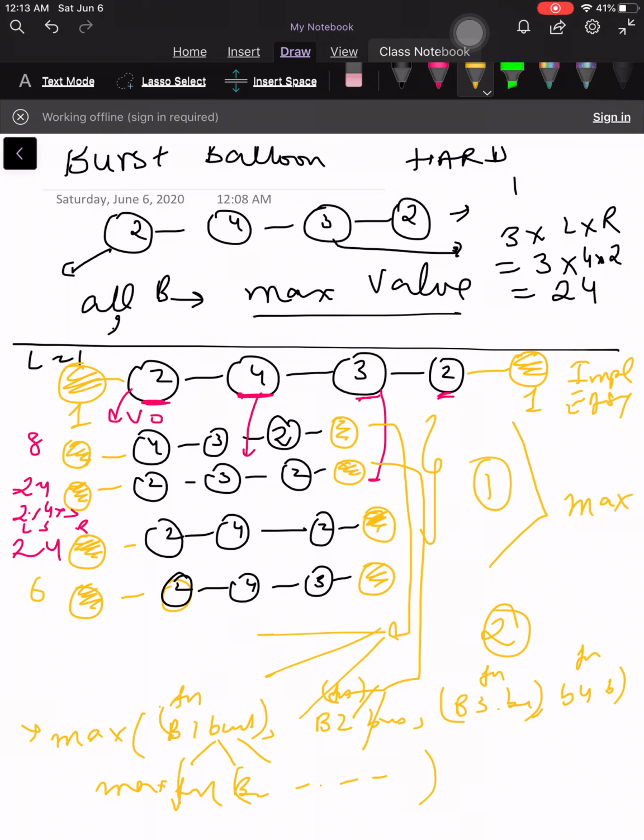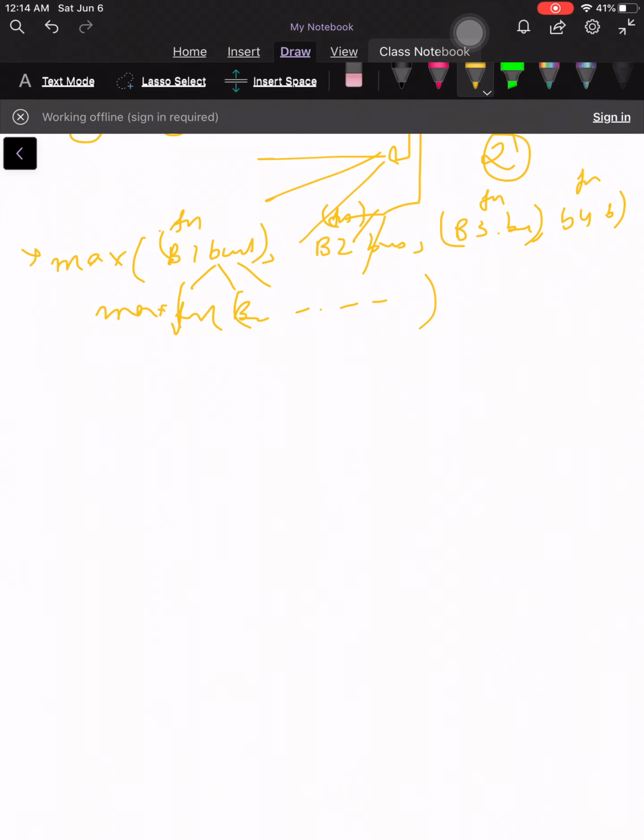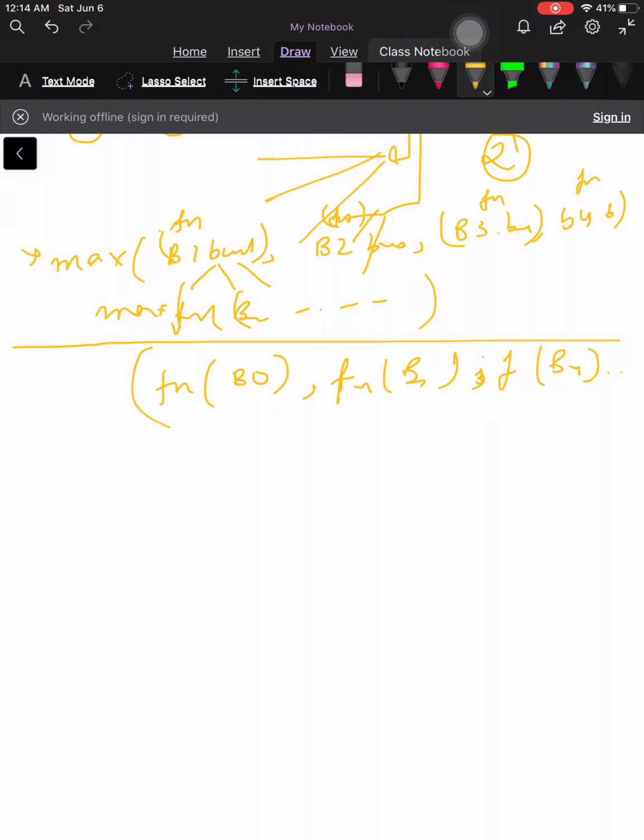And if you go, this becomes a kind of question where you say function 1 b0 burst, comma function 2 b1 burst, comma function 3 b4 burst, like this, and max.